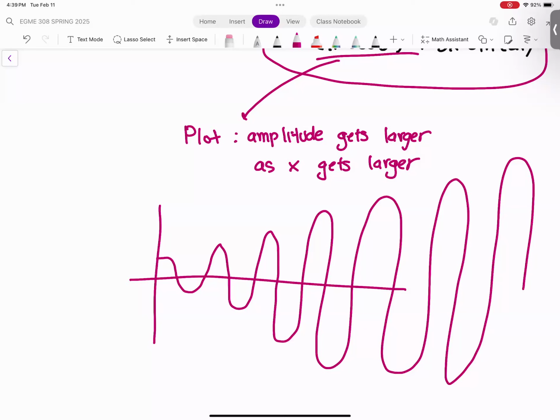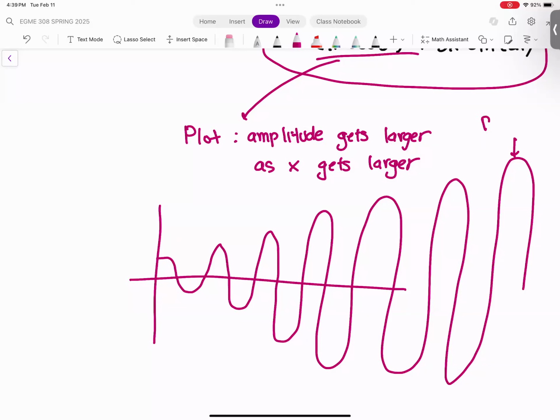And of course, this looks cool, right? It's cool to see the solution grow like this. But again, this is usually not something that you want to see in your structural system, because eventually the magnitudes of the oscillations are going to get so big that your structure or your system cannot physically sustain those large amplitudes.